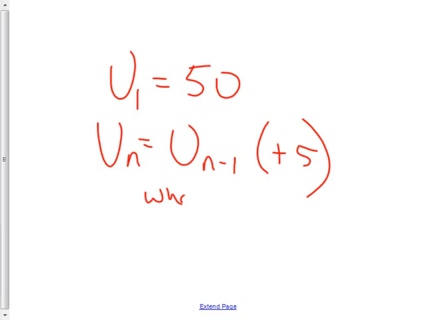Where, I can't spell where apparently, n has to be greater than or equal to what? 2. So it won't work for where n, the little sub number here, is 1. It won't tell me the first term. It'll tell me the second term or the third term or the fourth term, but it won't tell me the first term.